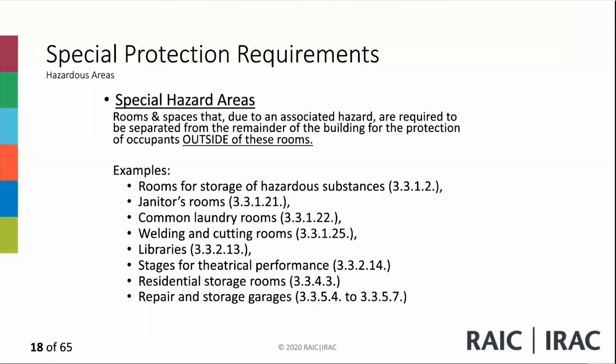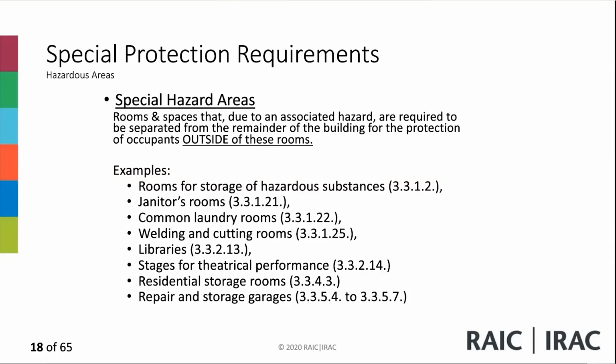So sentence 3 tells me that the fire separation required in sentence 1 is not required to have a fire resistance rating if the floor area in which the room or space is located is sprinklered throughout. So this tells me if that floor, not the building, if the whole floor is sprinklered throughout, you still require a separation, but you don't require a fire rating around it.